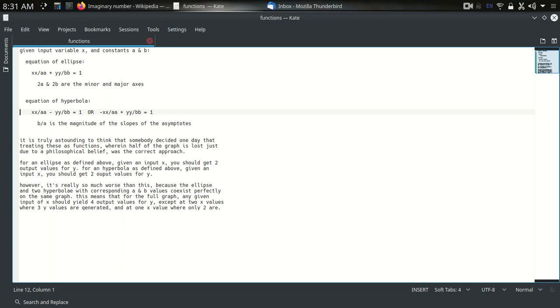One equation gives you a left and right branch of the hyperbola, and the other equation gives you the top and bottom branch. They don't intersect. They don't coincide anywhere. And the ellipse nestles between them, just kissing each of the branches.